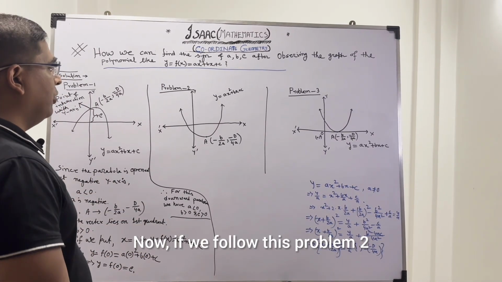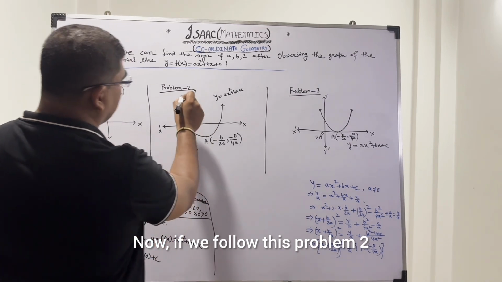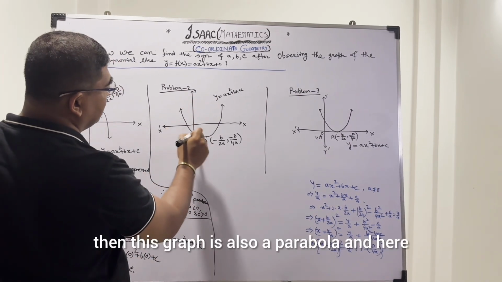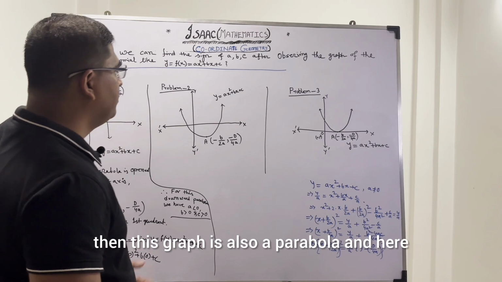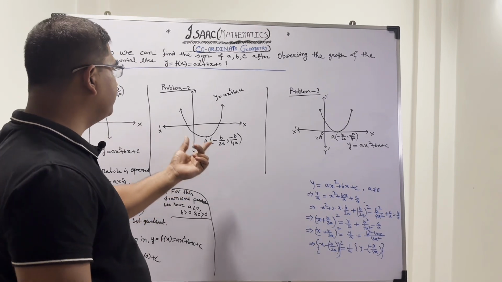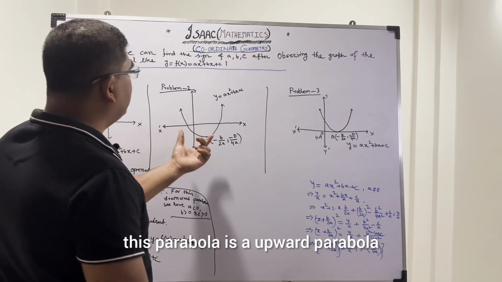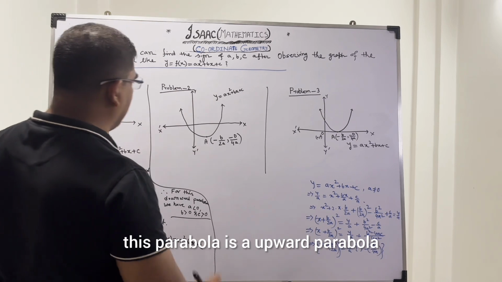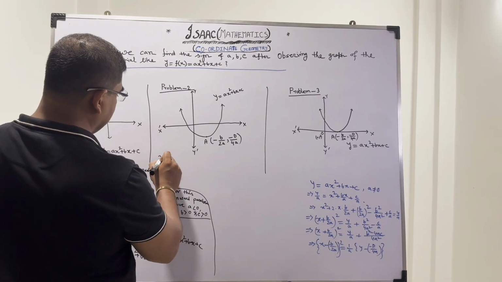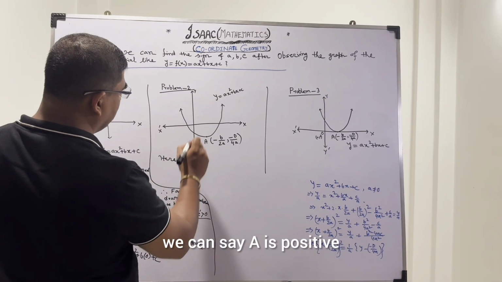Okay. Now if we follow problem 2, then this graph is also a parabola, and here this parabola is an upward parabola. That is why we can say a is positive.